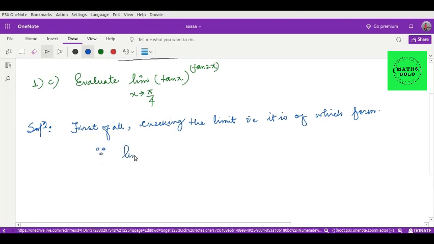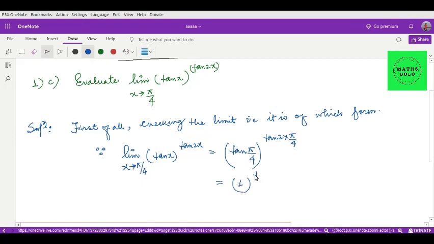Since limit x tends to pi upon 4 of tan x to the power tan 2x equals tan pi upon 4 to the power tan 2 into pi upon 4, this is equal to 1 to the power of tan pi upon 2.